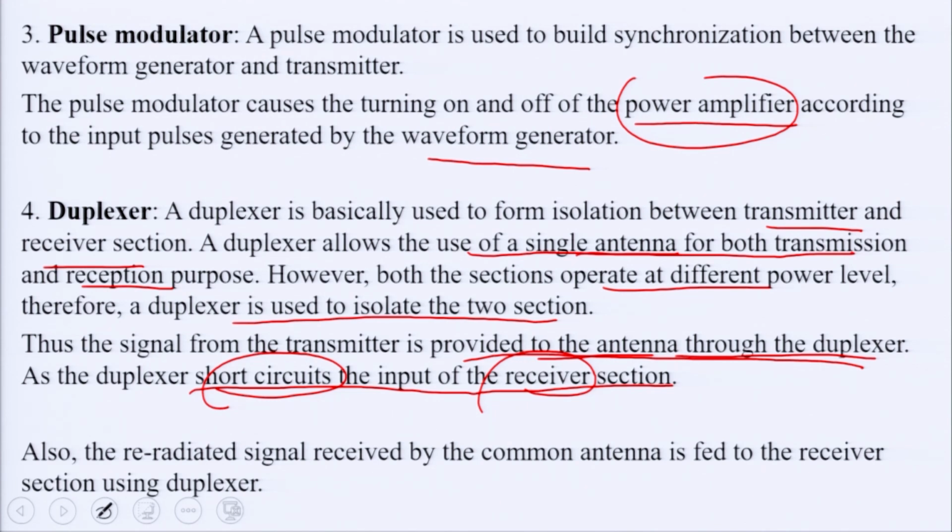At that time, the receiver section is not working. In the next case, the reradiated signal received by the common antenna is fed to the receiver section using the duplexer, and the transmitter section is short circuited. In that way, it provides the isolation between the transmitter and the receiver section.